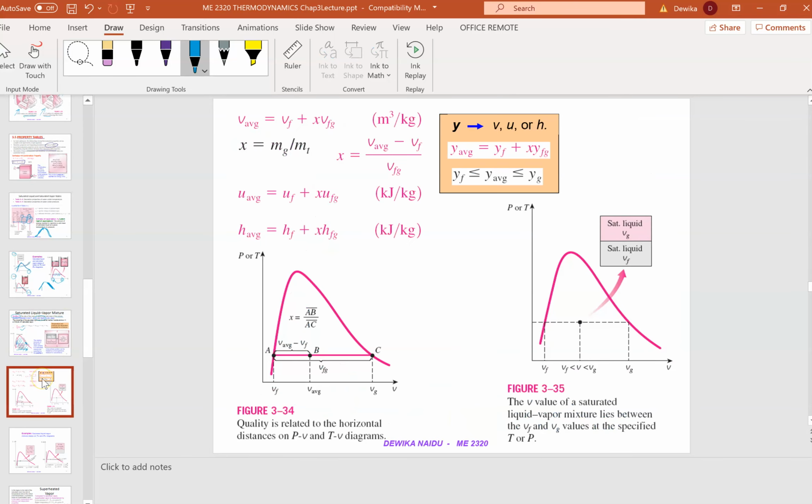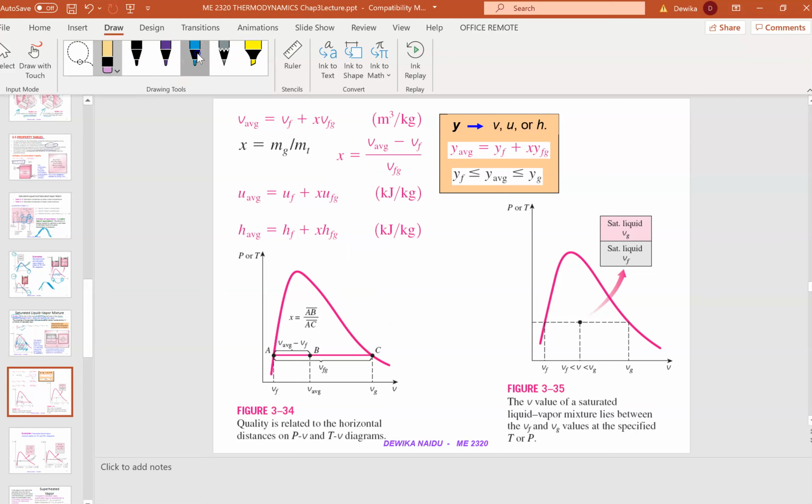Let's look at how to find the x value. You can also take v average. Remember what v average is? You have your Vg minus Vf, which is Vfg.